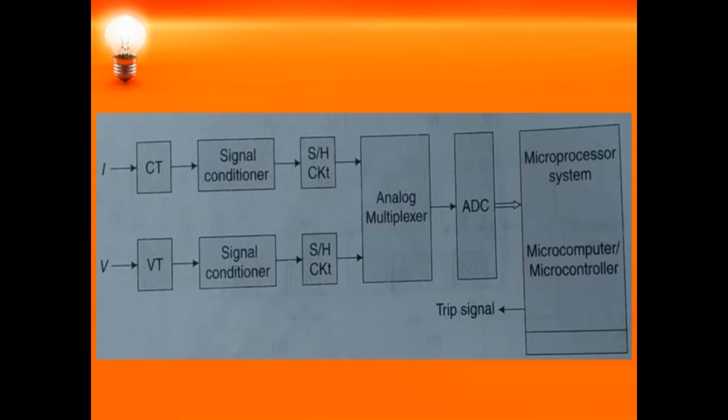Next is reliability. They are very reliable, and the chances of failure are very low in numerical relays compared to mechanical relays. The fourth advantage is multifunction capability. The numerical overcurrent relay can control multiple functions at a time compared to electromechanical type relays. And the last advantage is that we can have different types of relay characteristics in it, and we can have digital communication also.